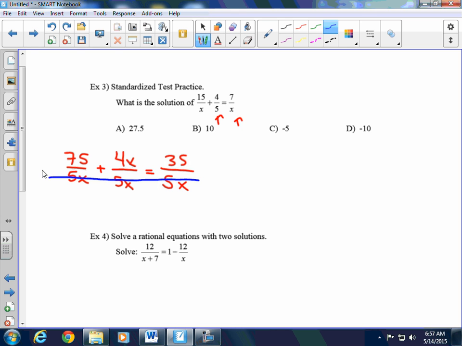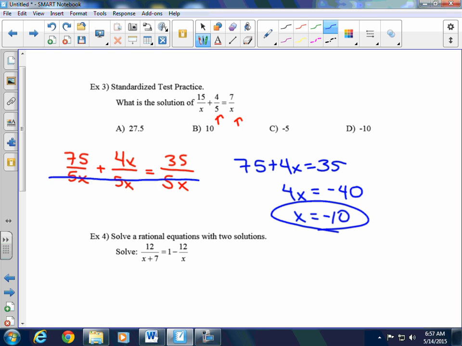So we can just simply write this as 75 plus 4x equals 35, and then solve for it. So we're going to get 4x equals negative 40, and x equals negative 10. And so our answer is D, negative 10.